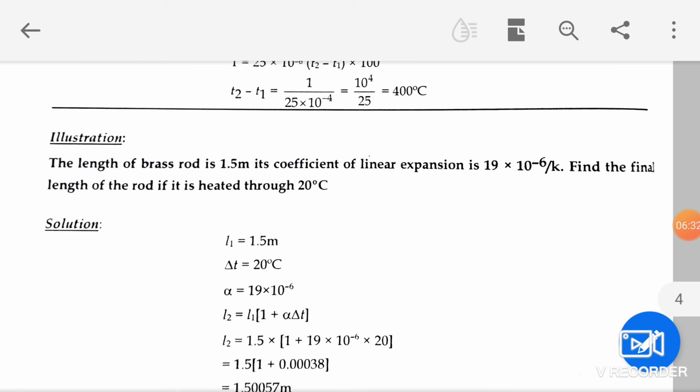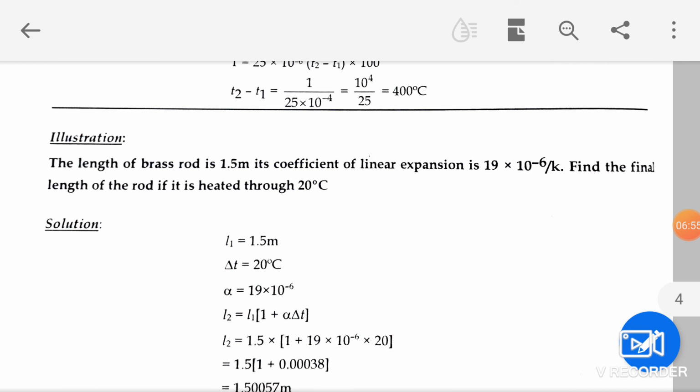Find the final length of the rod if it is heated through 20 degrees centigrade, meaning its temperature is increased by 20 degrees. Suppose the temperature is 60 degrees, then it is increased to 80 degrees. That means delta T is 20. The original length is 1.5 meter.